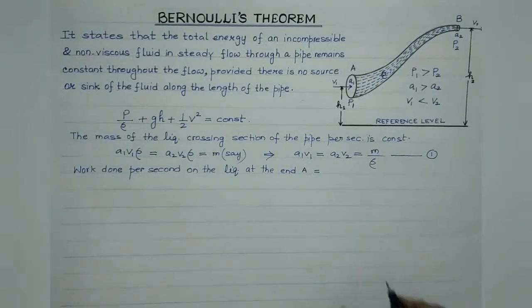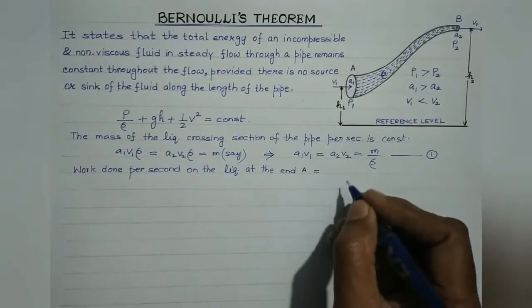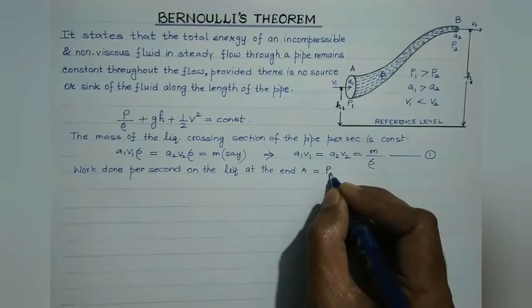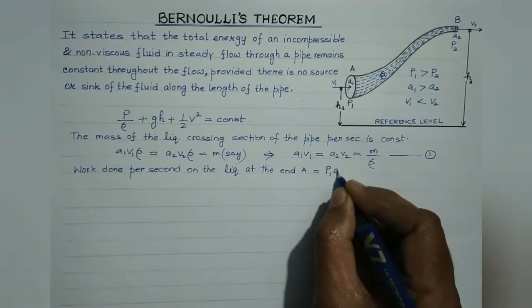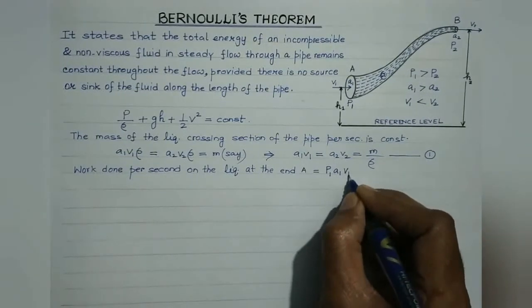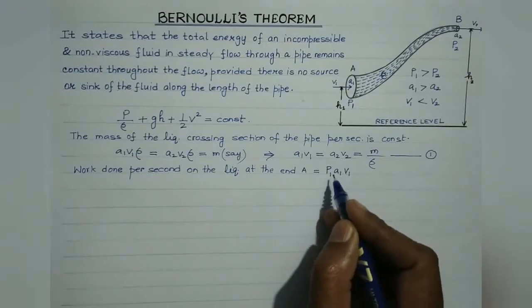Now work done is force into distance, isn't it? Force is pressure multiplied by area. At this end the pressure is P1, area is A1, and distance per unit time is velocity V1. So this is the work done per unit time on the liquid at end A.